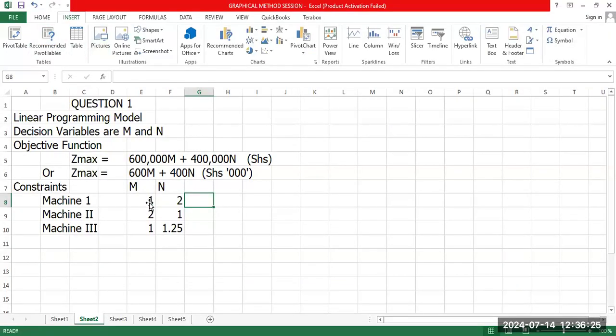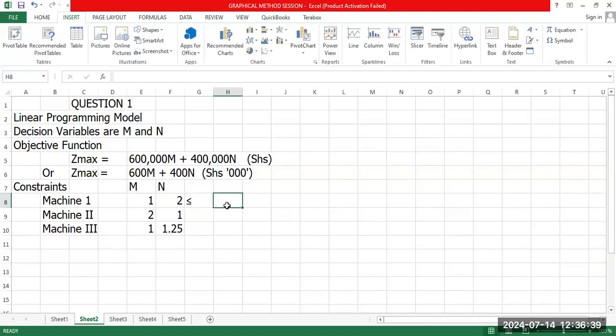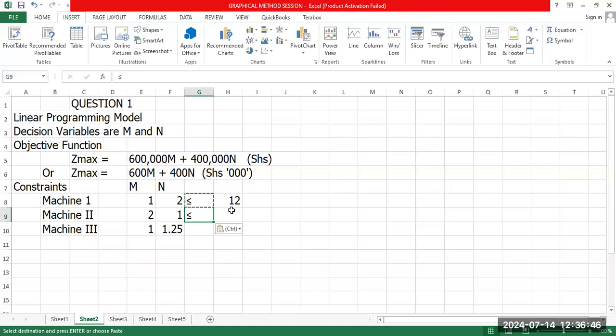Less or equal to. If you add this one plus this one, it should be less or equal to 12. Then same applies here, less or equal to 12.